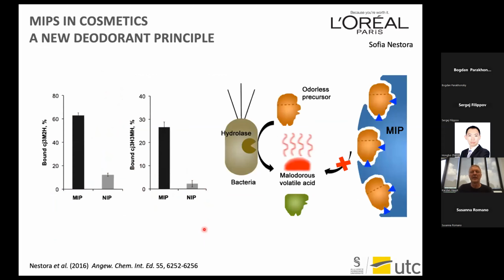And the idea is then to sequester the precursor and to prevent the bacteria from hydrolyzing the molecule. And as you can see here, it works very well. Always much better with the imprinted polymer than with the control polymer. And really, there is complete suppression of any body odor if these materials are used.